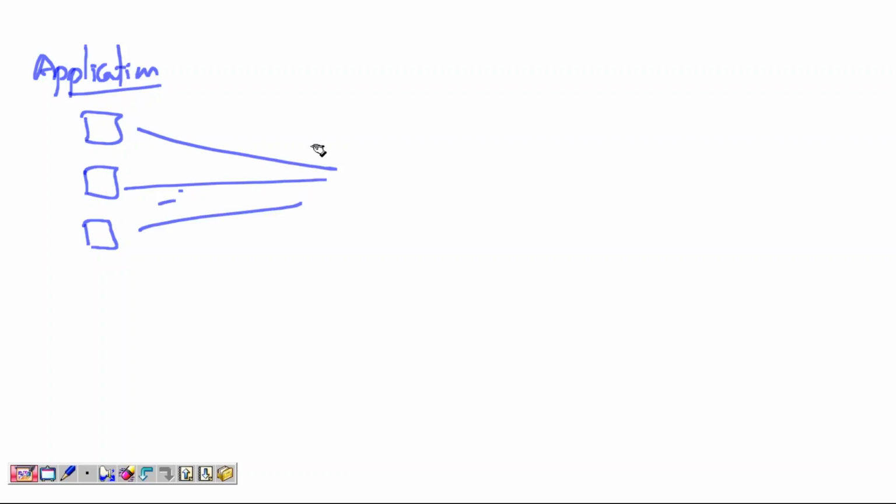Suppose I have different applications. These different applications are able to write directly into Kafka. At the same time, a lot of streaming data is there.